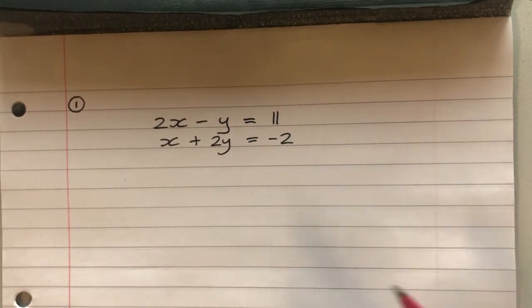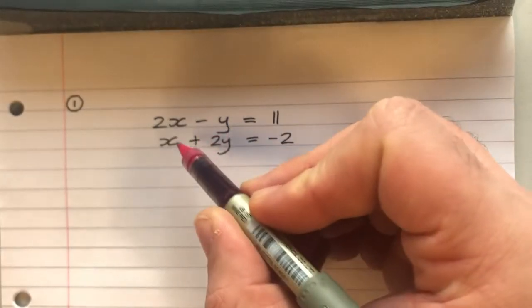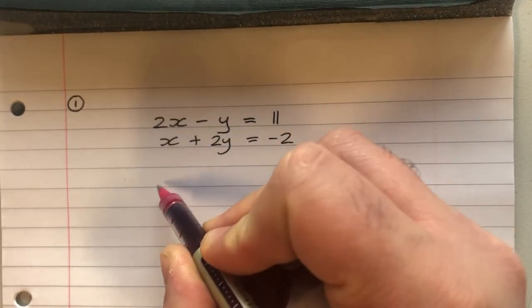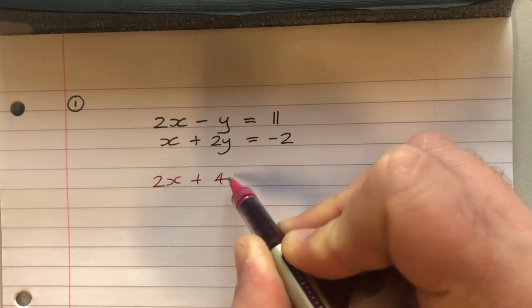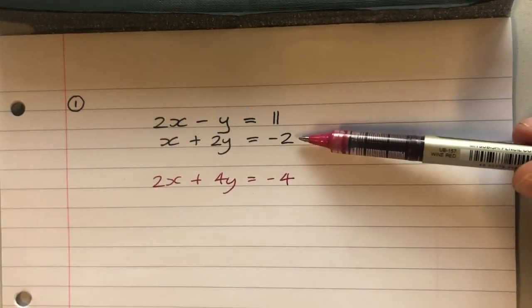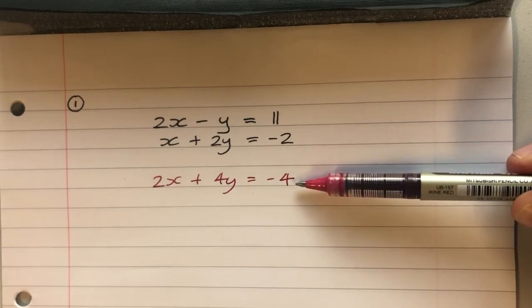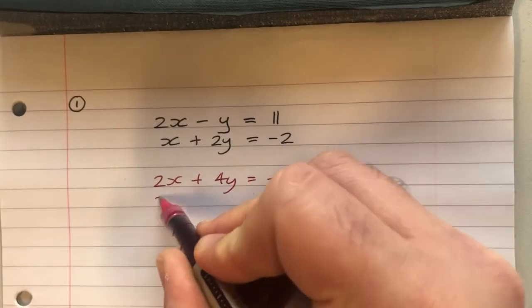So I only actually need to multiply one of the equations by something. I don't have to multiply them both, as I did in the algebraic example. So I'm going to take this bottom one and multiply it by 2. That's going to become 2x plus 4y equals minus 4. That's taking the bottom equation and multiplying it by 2, so that the coefficient of x across the two equations is the same.